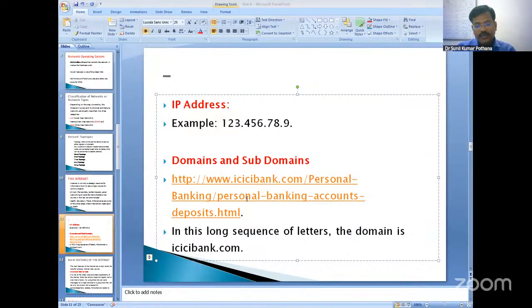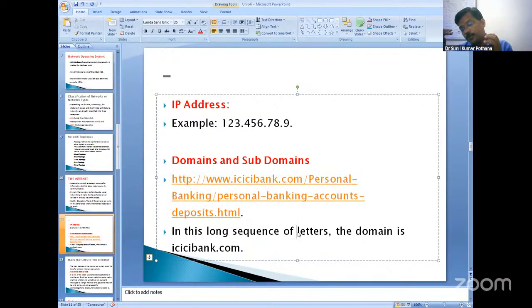For example, here ICICI Bank. See, I will show you in the website. This is only just a domain, ICICIBank.com.